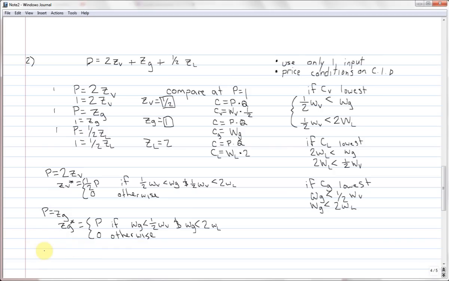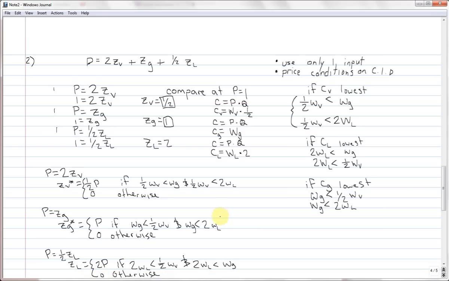And last but not least, P equals 1/2 ZL, right? So ZL equals 2P if 2WL is less than 1/2 WV and 2WL is less than WG, and of course 0 otherwise.